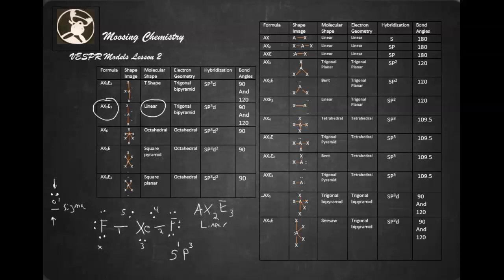You really don't need to write that 1. But it'd be SP3. And then finally, we're going to look at, so that's 4. Okay? And we need just 1 more, D. So our hybrid orbital for Xe is going to be SP3D. Pretty easy, huh? So that's the hybrid orbital for Xe.